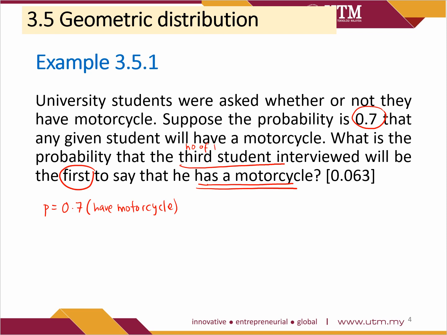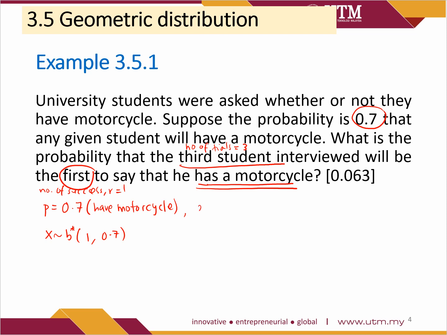So the number of trials is the third student, and the first to say would be our number of successes, given the number of successes r is equal to 1. So we can use the negative binomial distribution, given r is 1 and p is 0.7.